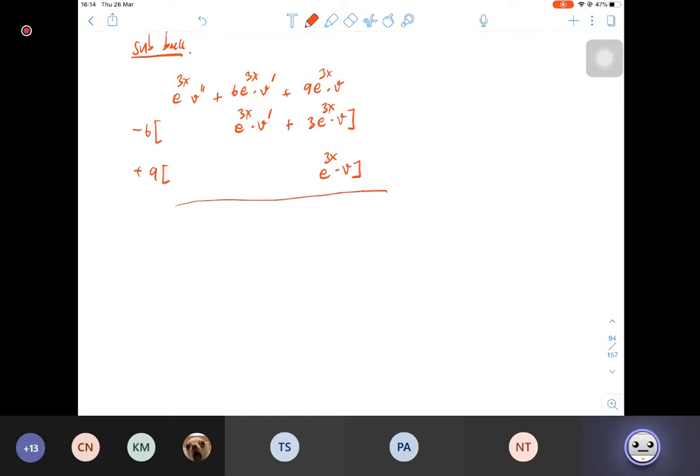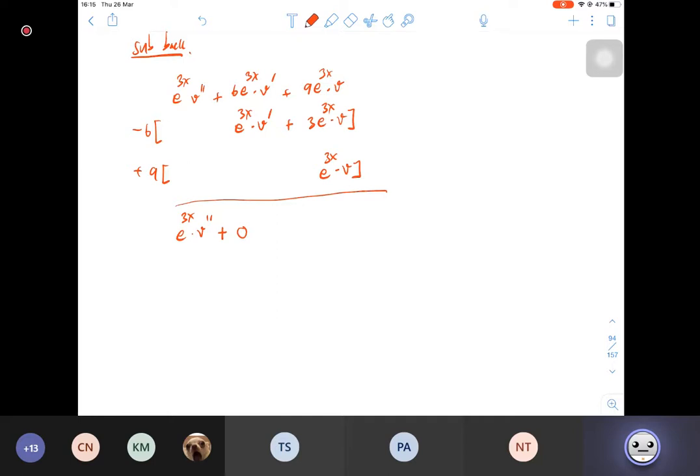Okay, so what we have here. Here you're going to have e to the power of 3x v double prime, right? There's no other term. And then plus, here you have 6. Here you have minus 6. Okay, so it seems like you have the 0 here.